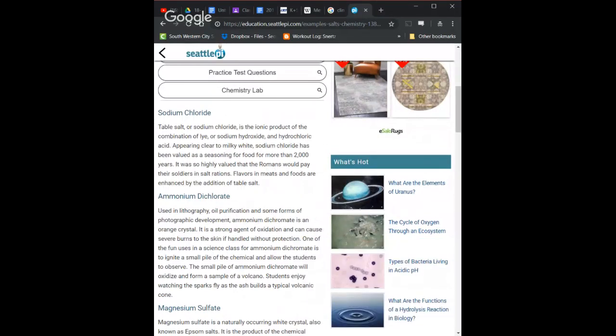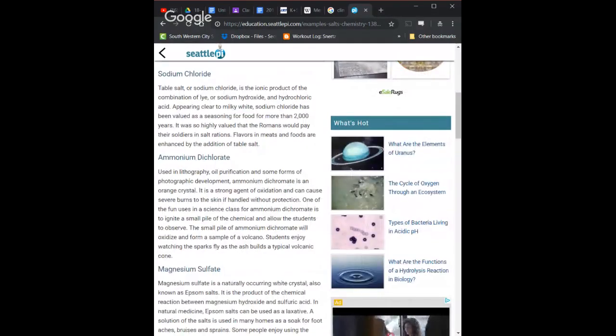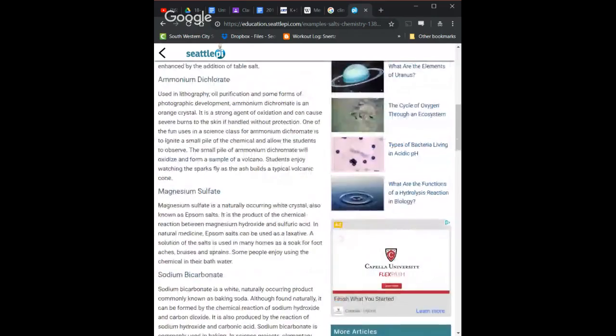Okay. Sodium chloride, that's literally NaCl. Ammonium dichloride, oh man, that's a complicated one. You guys know what ammonia is? It's NH3, and chloride is Cl, and two of them would be Cl2. Magnesium sulfate. Magnesium is Mg, sulfur is S.